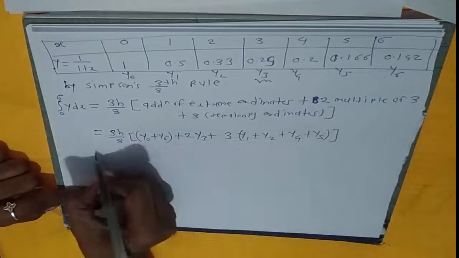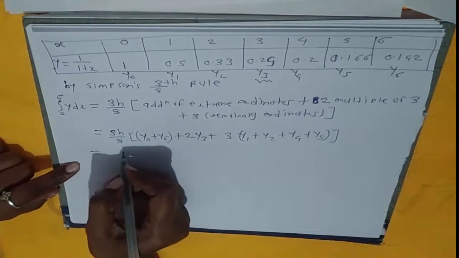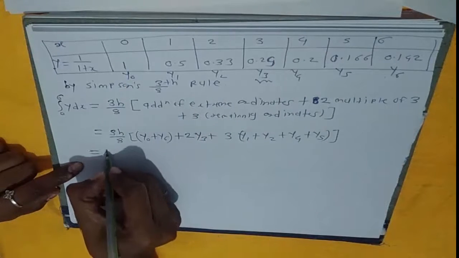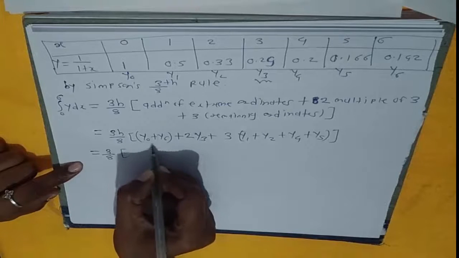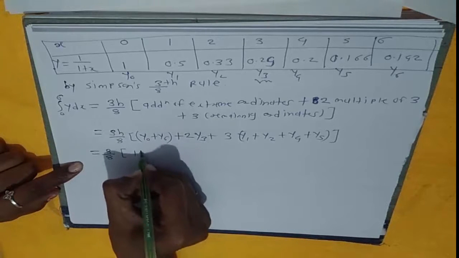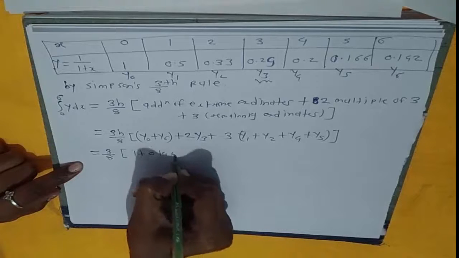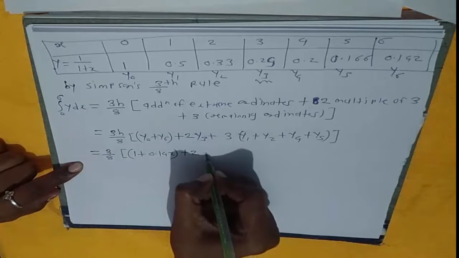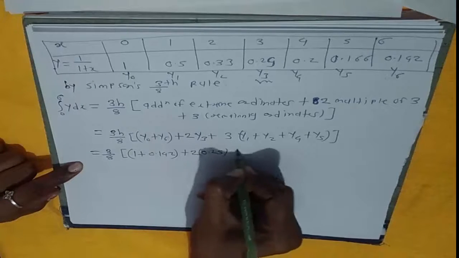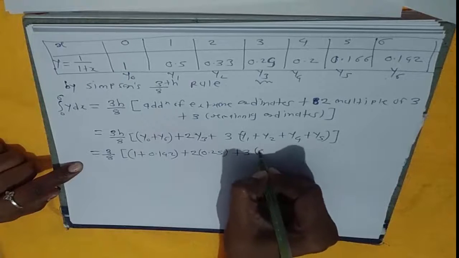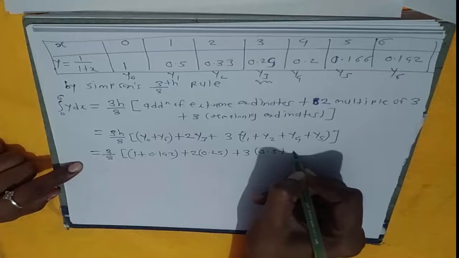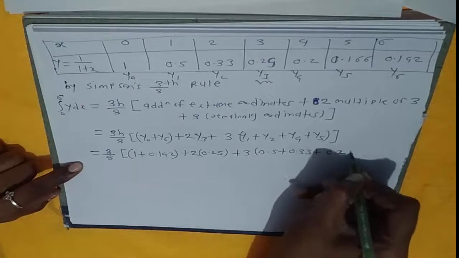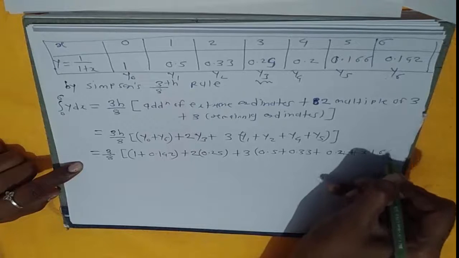Okay, then by putting the values here, h is 1 because the values of x are distributed with a difference of 1. So 3 by 8 in bracket, we put the values: y0 will be 1 plus y6 is 0.142, plus 2 times y3 which is 0.25, plus 3 in bracket 0.5 plus 0.33 plus 0.2 plus 0.166.